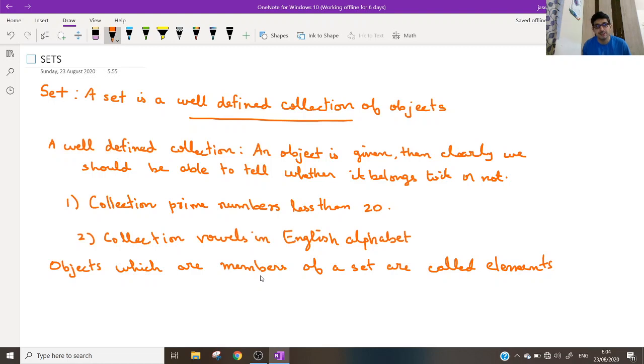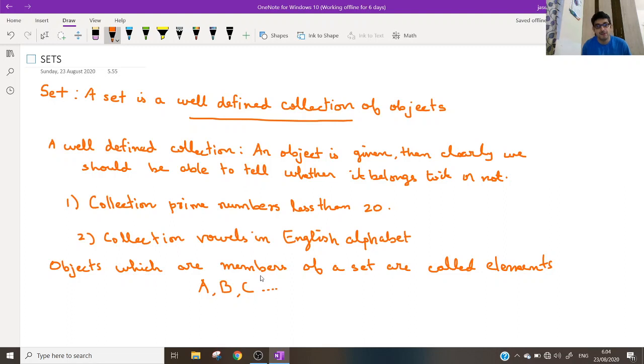So we will be using this term, elements of a set. If a particular object is a member of the collection, we say that it is an element of this set. Generally we denote a set with capital letters A, B, C, etc.